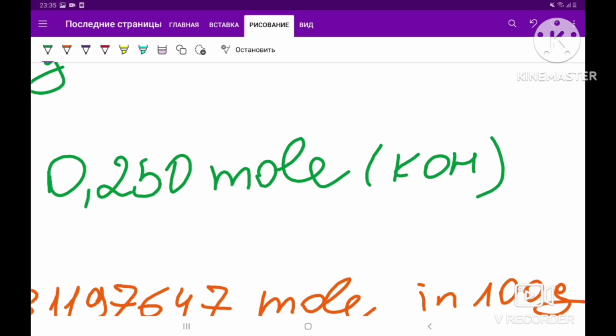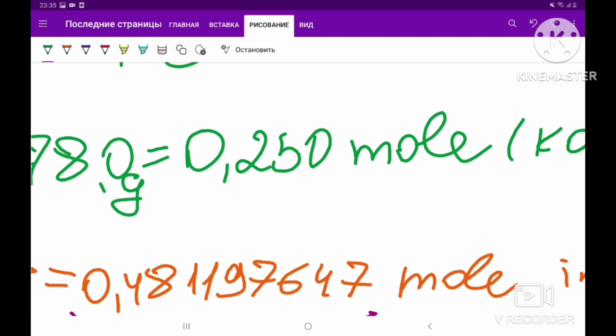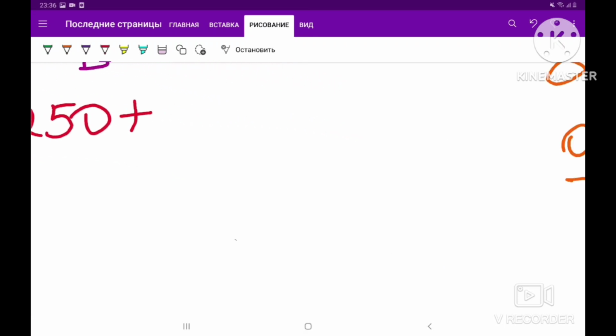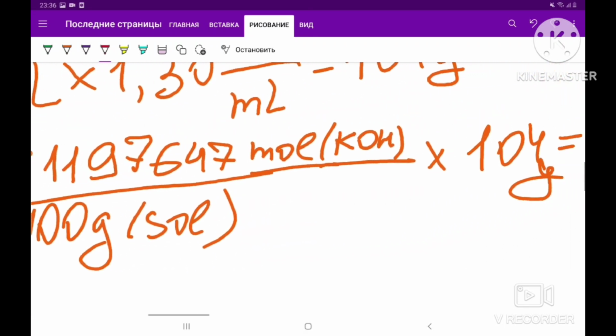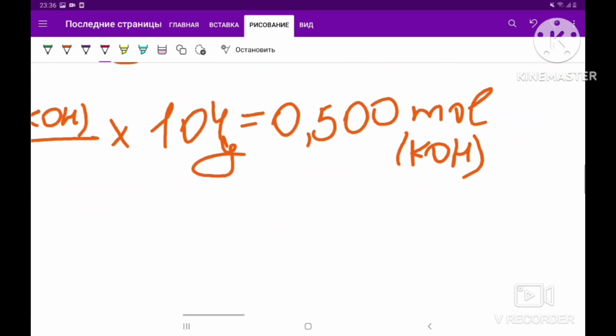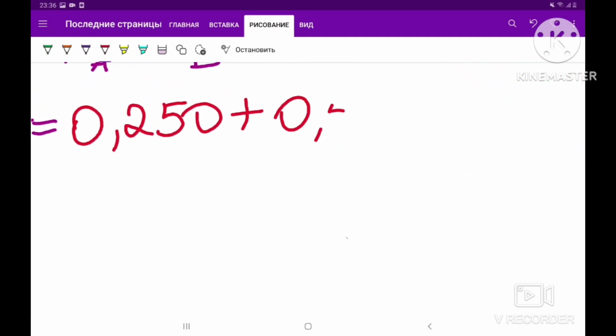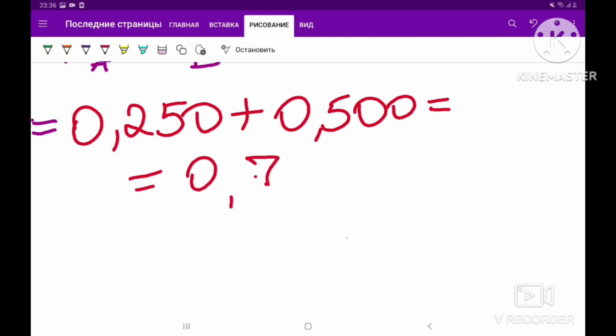There was a mistake, it was not gram mole. So let's use this number here, plus the number of moles for B, which is 0.5. The answer will be 0.750 mole, the total number of moles.